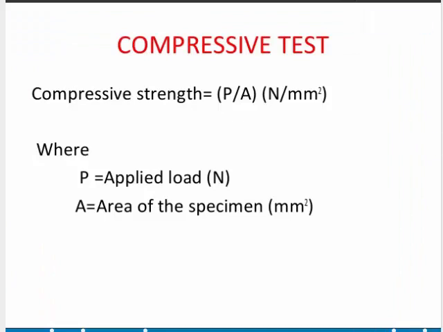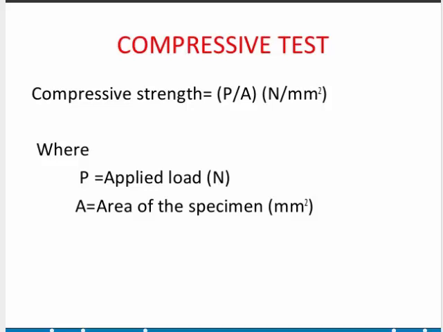You can say this compressive strength is equal to P divided by A, and we will get the result in Newton per mm square, where P is the applied load and A is the area of the specimen.